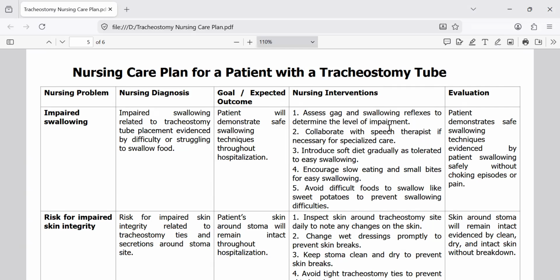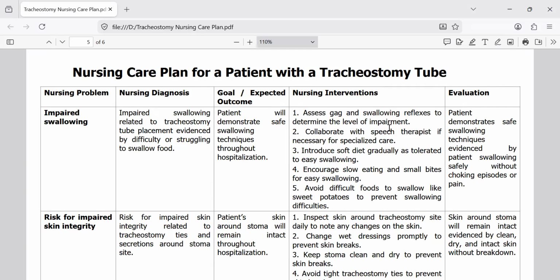Sweet potatoes are one of the most available foods in Zambia, and you find that these sweet potatoes can choke you. Basically, they can get stuck in your esophagus. So that is why we always take sweet potatoes with water. So you find that such foods may be a bit more difficult to swallow. So in such patients, we tell them to avoid.